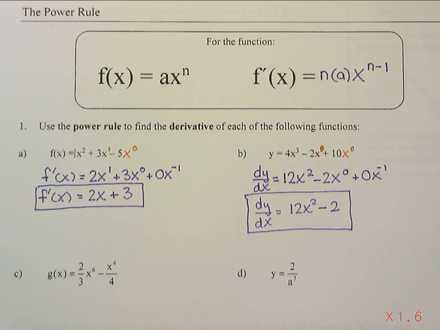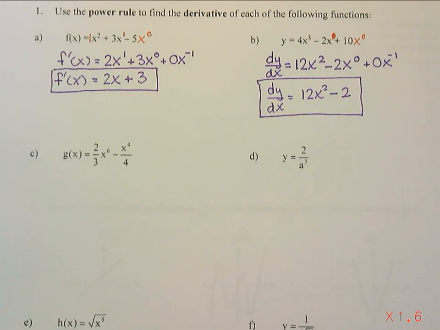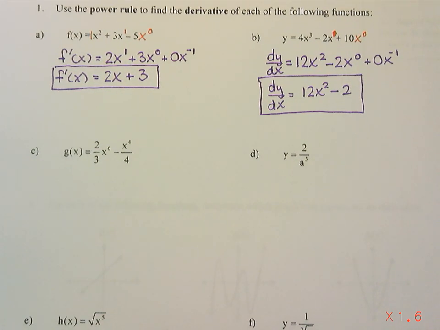Okay, the next couple are going to get a little more difficult just because of their exponents and their coefficients. So if I take a look at C, it says g of x is 2/3 x to the power of 6 minus x to the power of 4 over 4. So I'm going to try using my power rule.